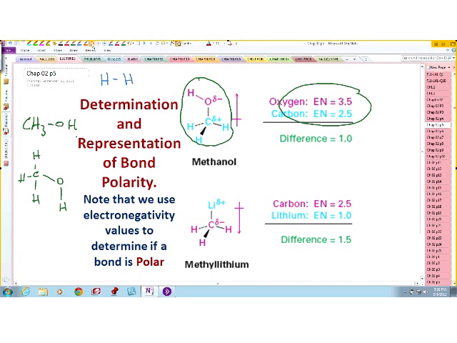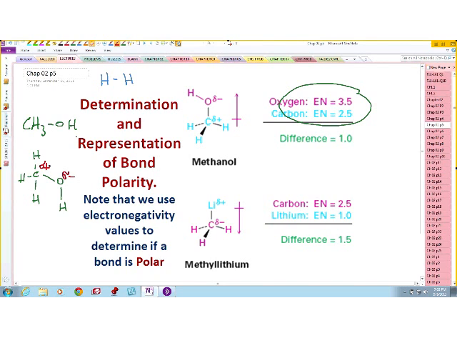Now, as you can see here, in order to indicate that this is a polar covalent bond, what do we do? We say that this oxygen has a partial negative charge. We use the Greek symbol, delta, to indicate that this has a partial negative charge, and because it is pulling electrons away from this carbon, we say the carbon has a partial positive charge.